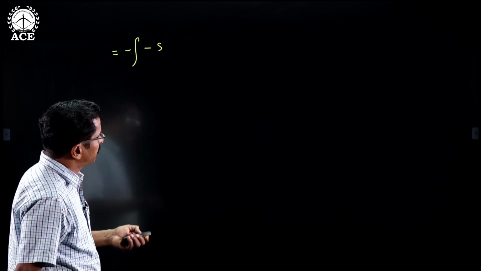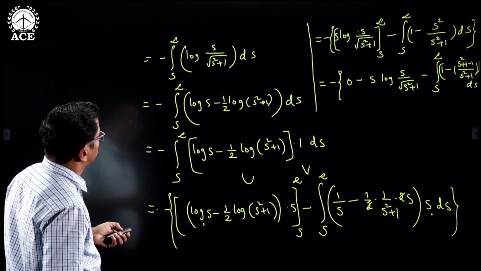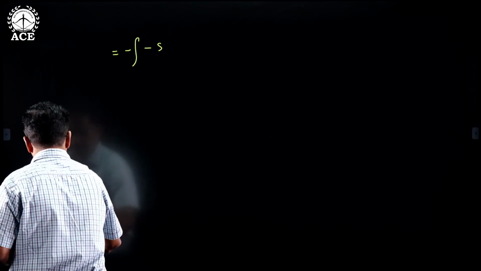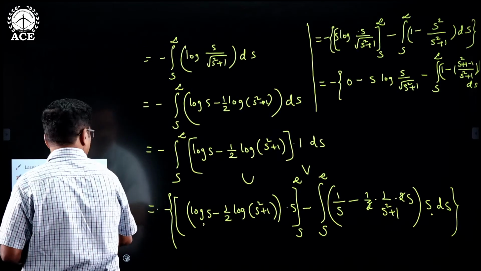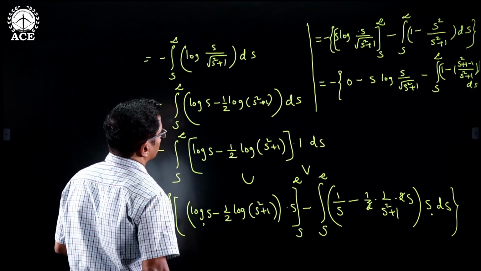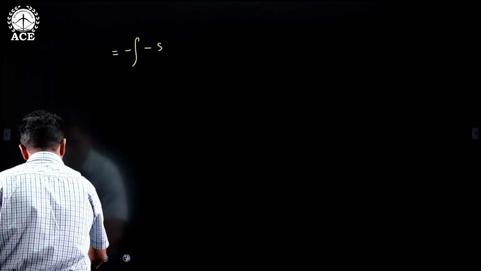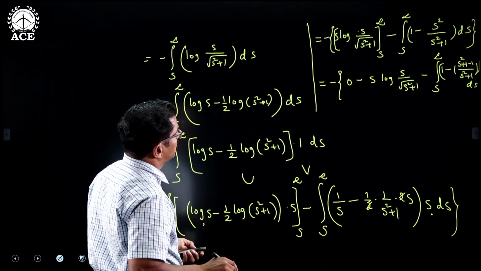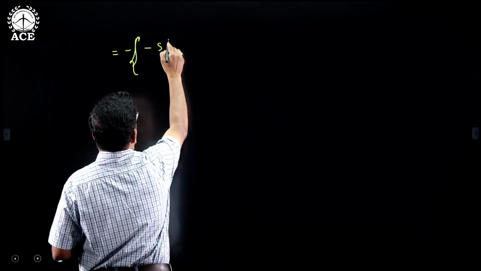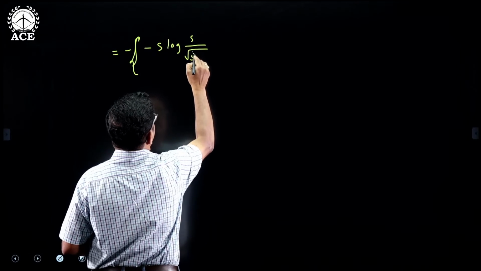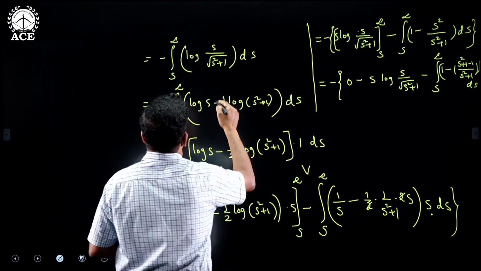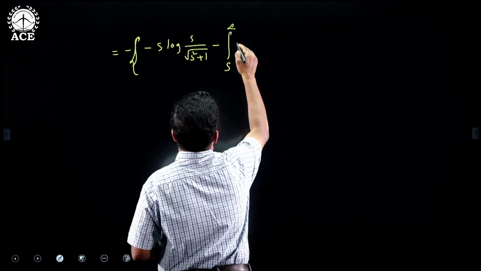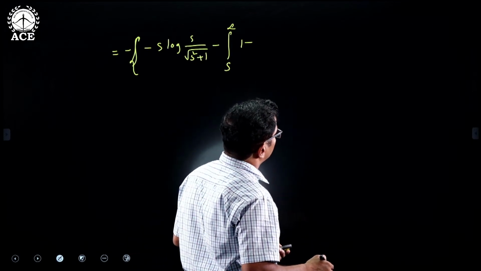Sorry for the disturbance. So next, minus of s into log s by root of s square plus 1, minus integration s to infinite of 1 minus s square plus 1.